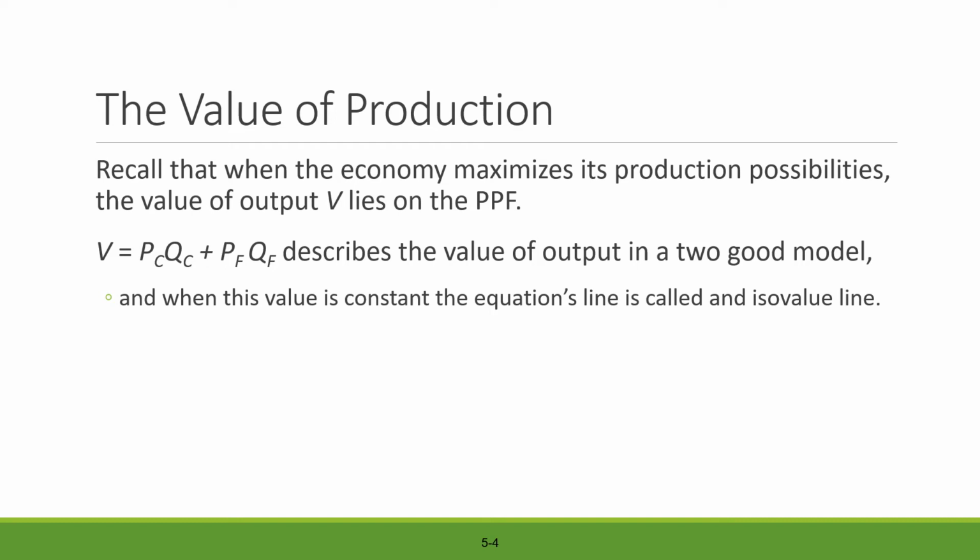But about food, if we still produce the same amount of food, then what will happen? PF is 10 and QF is 10, and multiplying these two, we get 100. The total value now will be 110 plus 100, which is equal to 210. So the value does not remain constant.